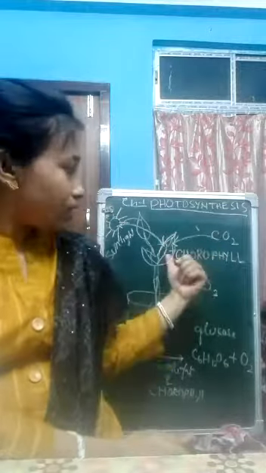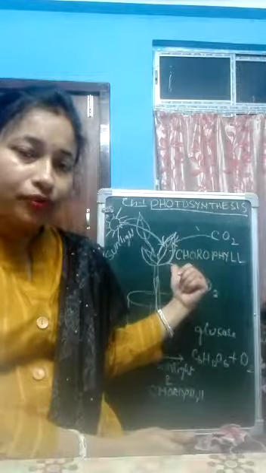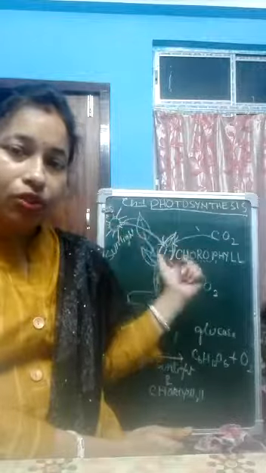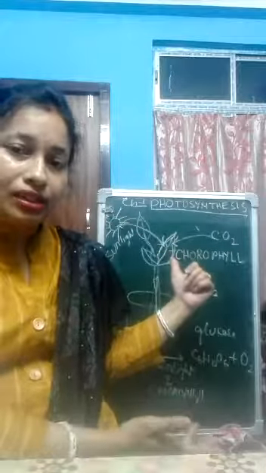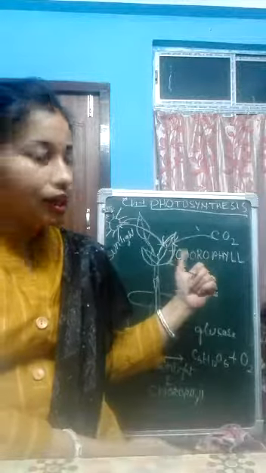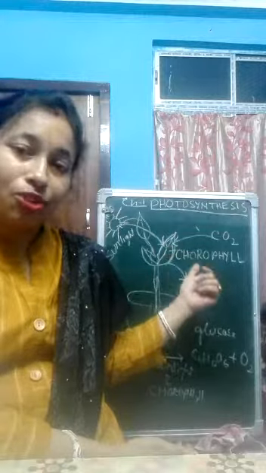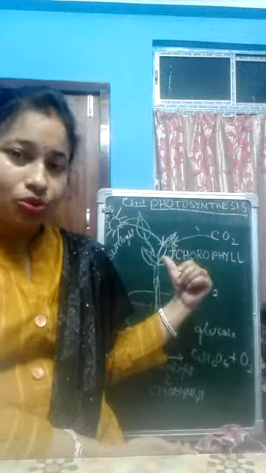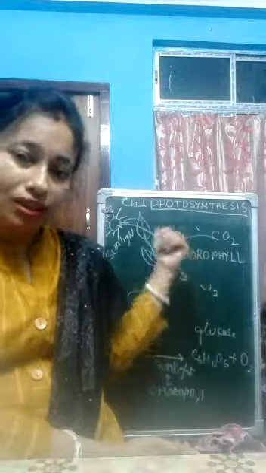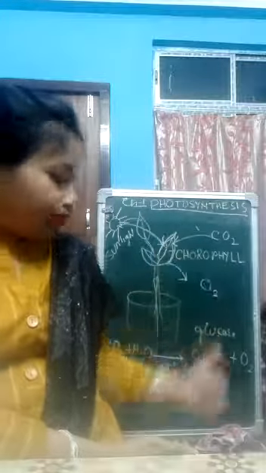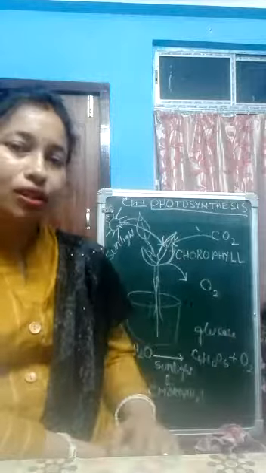When sunlight falls on the leaves, it is trapped. The leaves also absorb carbon dioxide from the surroundings. So it has carbon dioxide, chlorophyll and sunlight. And the fourth one is the water absorbed by the roots of the plants.